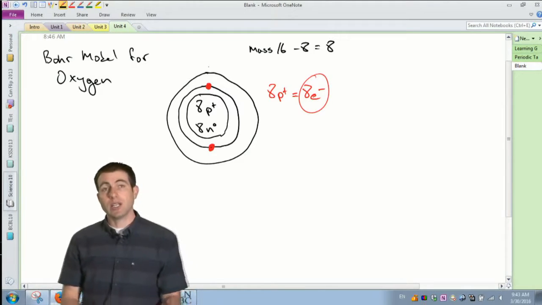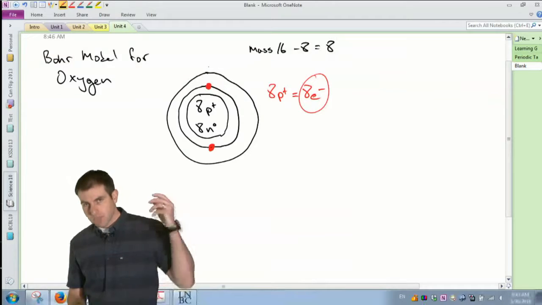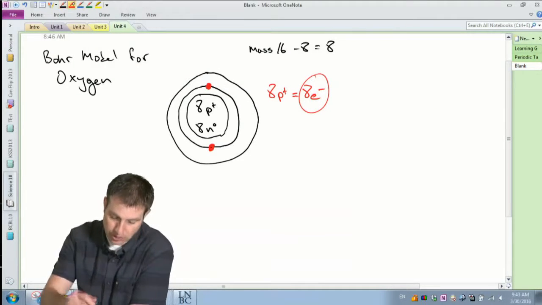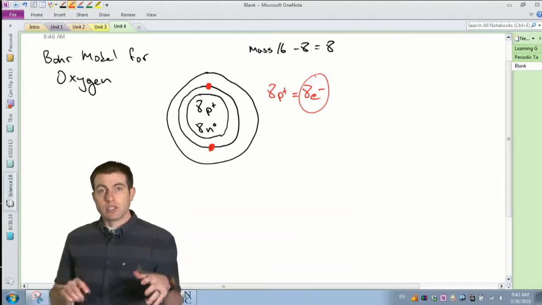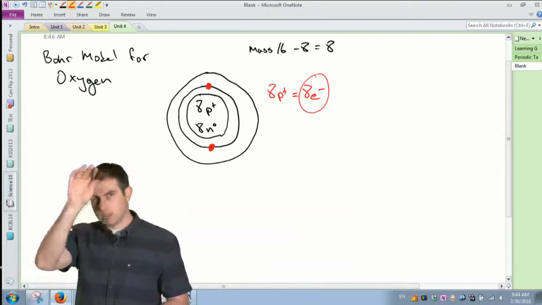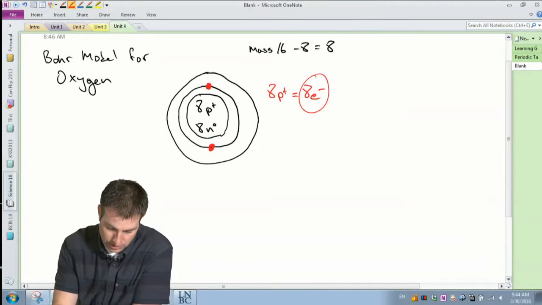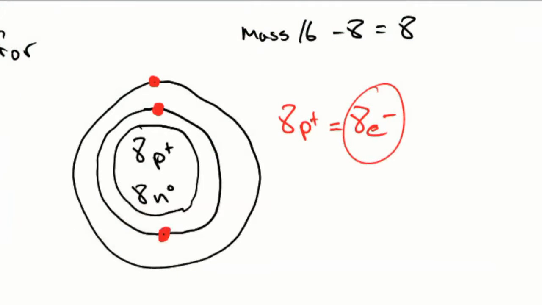All right, so oxygen has 8 electrons. I have 2 in the first shell. That means that there's room for 6 in the second shell. Now, when I draw the electrons, I'll always put them at the compass north, south, east, west, just to make things a little bit neat and tidy. So there's 3 now. There's 4, 5, 6.